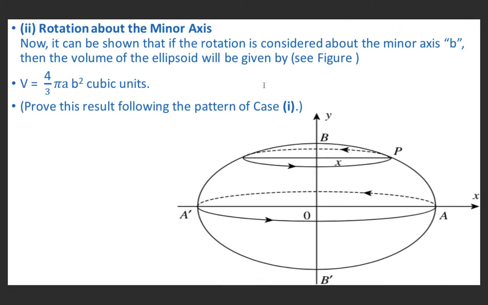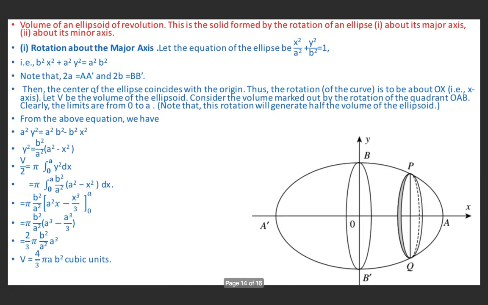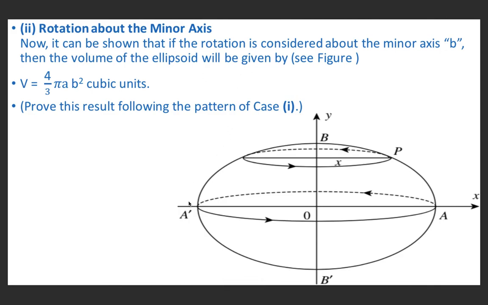If we rotate about the minor axis, the volume of the ellipsoid will be 4 upon 3 pi a b square cubic units. So the figure in this case is this. Here we are rotating about the minor axis. This case may be proved following the pattern of case 1.